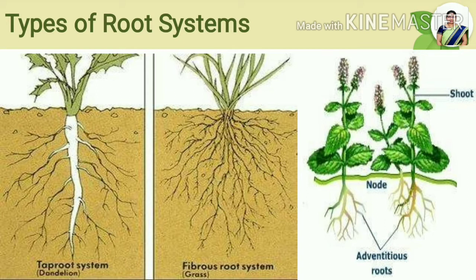There are two types, taproot system and adventitious root system. As we already know, there are different regions on the root which are very helpful for the absorption of water and minerals. And whether it may be any root, maybe taproot or adventitious root, the root has common function. So let's study about the types of root.